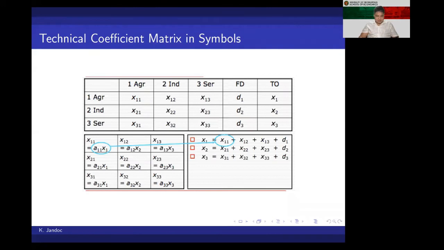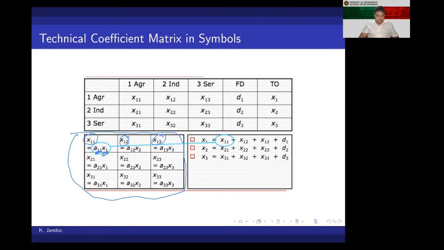Okay, so first let's see this. There's lots of things here, but recall that this table over here is the same as the previous slide, where we recovered the entries X11, X12, and X13 by multiplying the technical coefficients with the total outputs for the respective sectors.